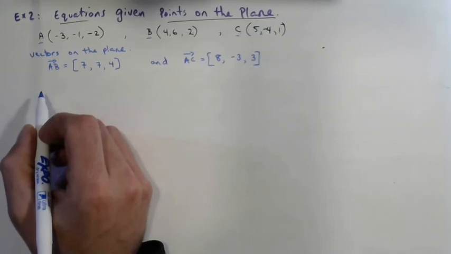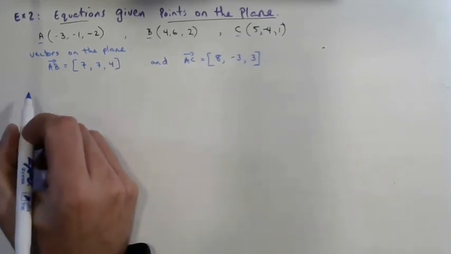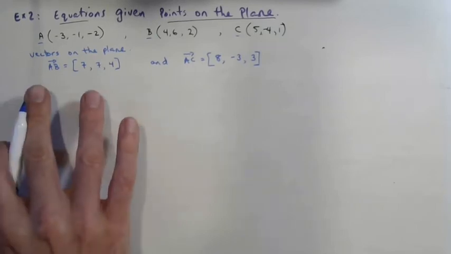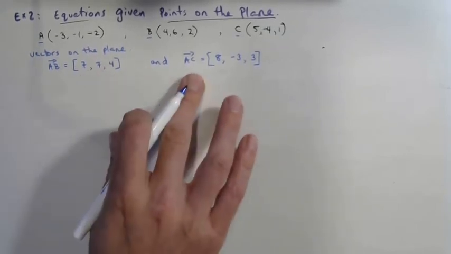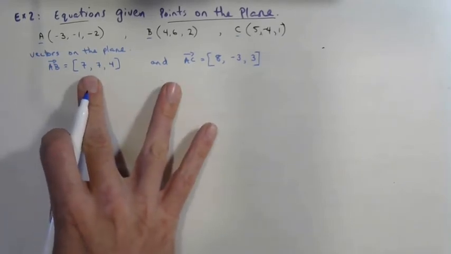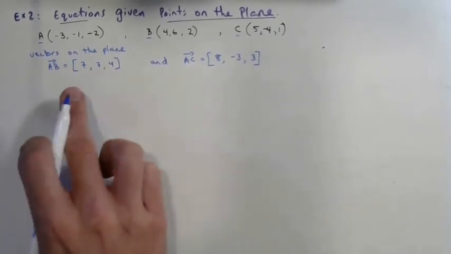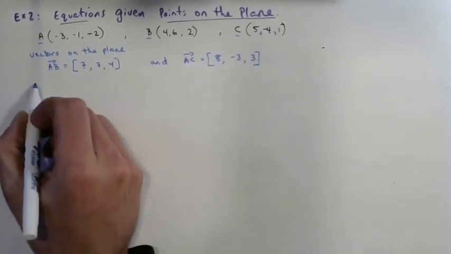Now that I have two vectors on the plane, remember, now we're applying a lot of our knowledge, okay? I'm going to take the cross product of these two vectors. Remember, the cross product of two vectors will create a third vector that is perpendicular to both of your original vectors, okay? Let me write that before we do it.